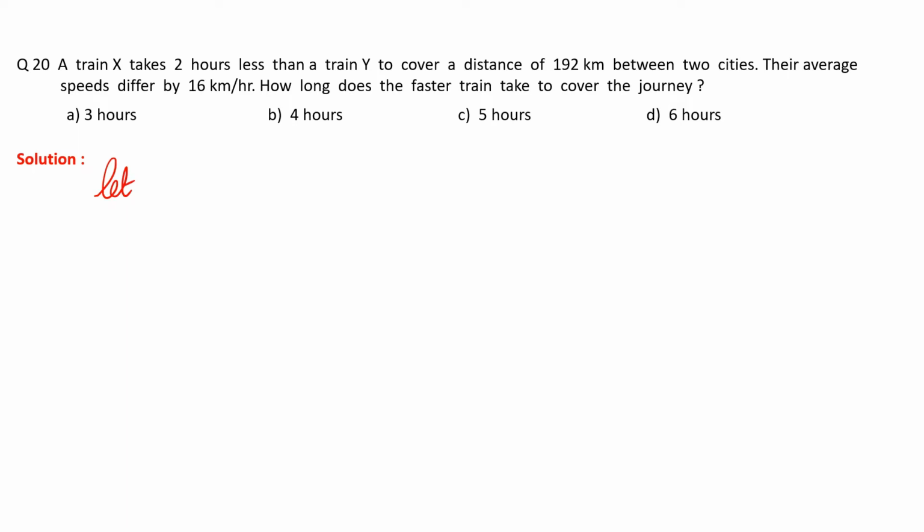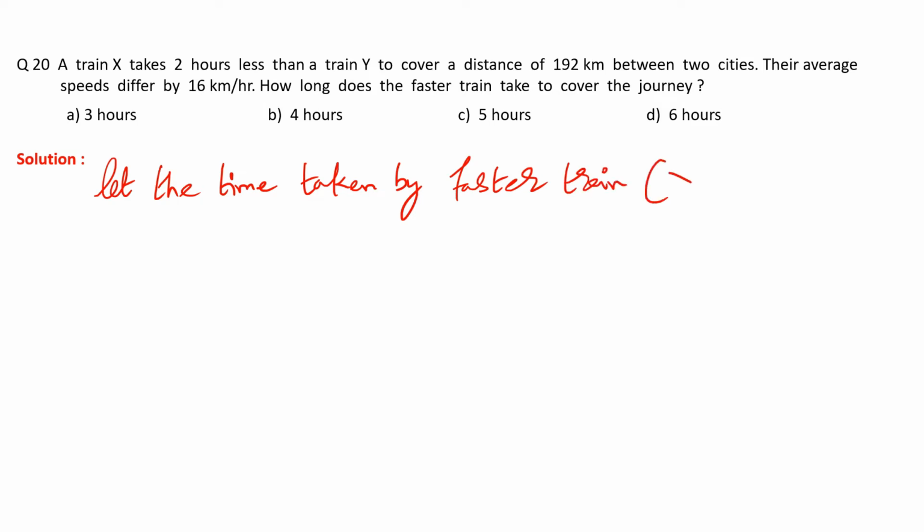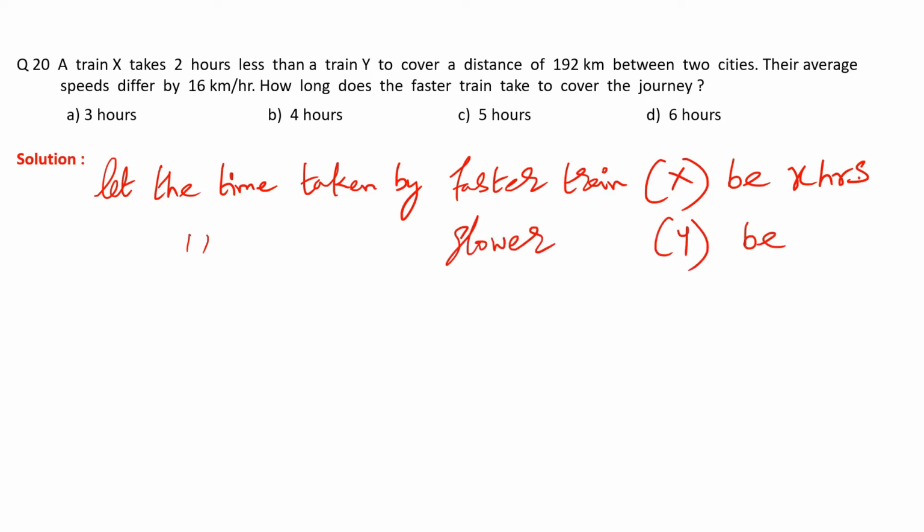Now let us assume that the time taken by the faster train, that is the train X, to cover the entire journey be x hours. Fine. So obviously the time taken by the slower train, that is the train Y, will be x plus 2 hours.